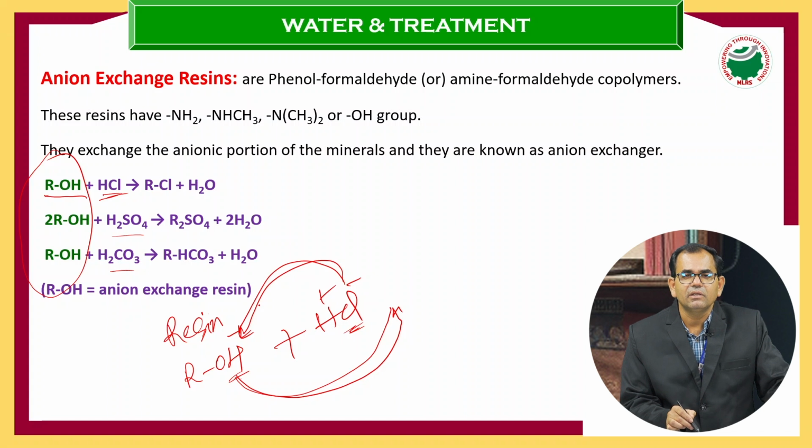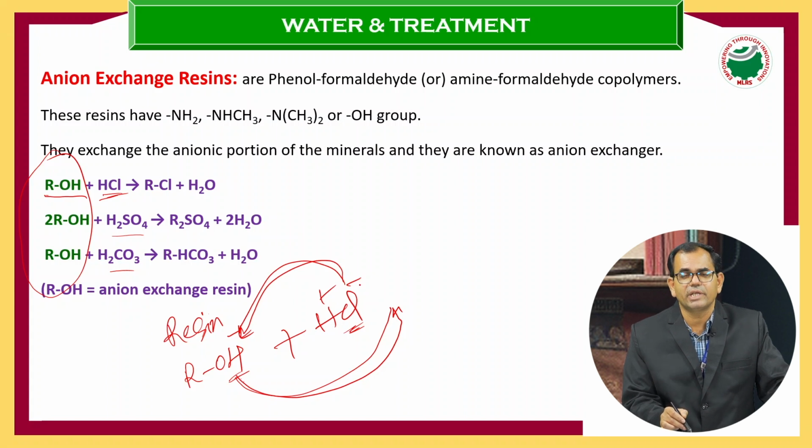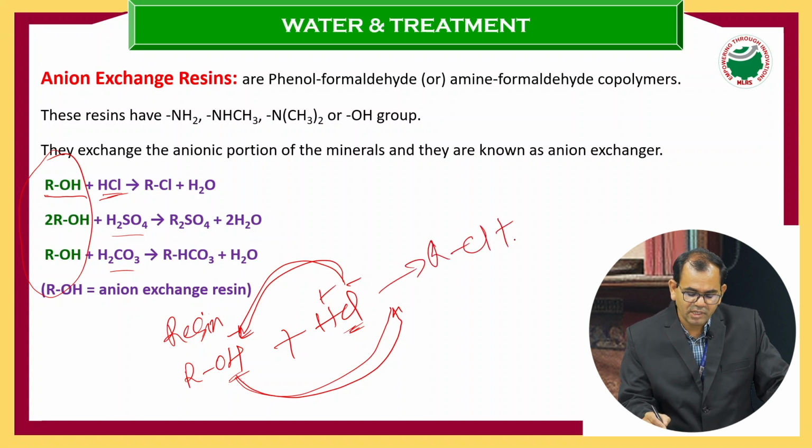So the exchange is taking place between a negatively charged ion and a negatively charged ion, that is OH minus of the resin and Cl minus of the hydrochloric acid. So what are we getting? RCl and the byproduct is H2O.